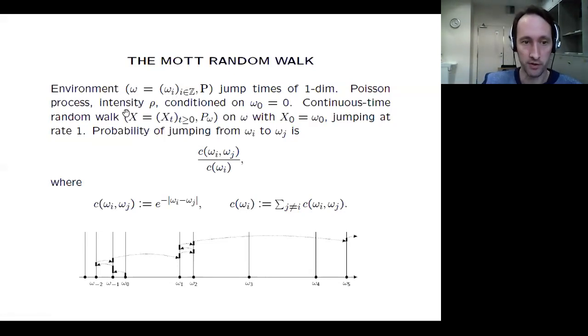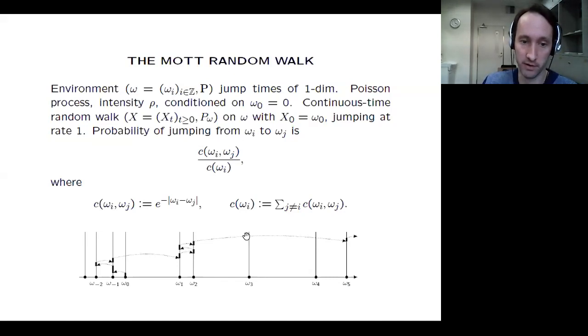That's the environment, and the process that we study on this is a continuous time random walk. It jumps at rate 1, so holding times of 1 everywhere. We jump from site to site, and we can jump from any site to any other site. The probability of jumping is given by this expression here, and the conductances, omega i, omega j, are just given by the exponential of minus the distance between these.